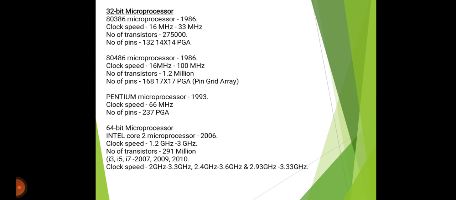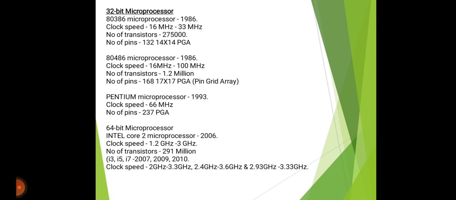Then the last one is the 32-bit microprocessor. The 32-bit microprocessor is the Intel 80386 microprocessor, which was invented in the year 1986.